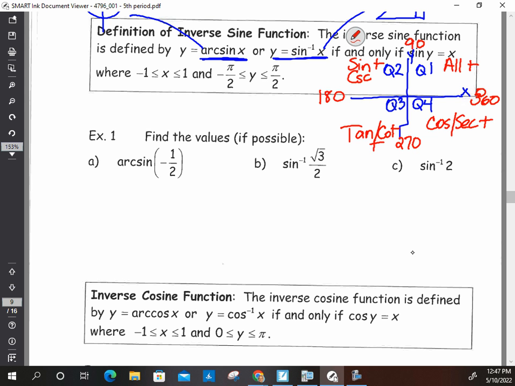So there is an acronym that helps students remember how this chart looks, and it's ASTC. All students take calculus. So if you're going around a circle, A for all, S for sine, T for tangent, C for cosine. Any questions so far?